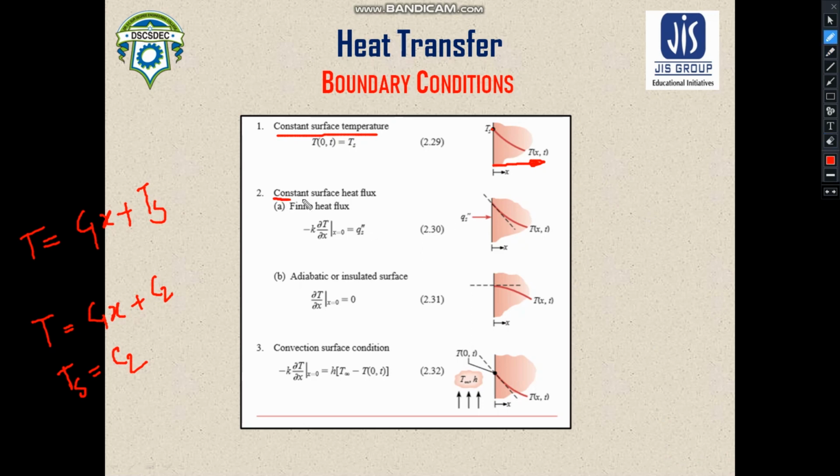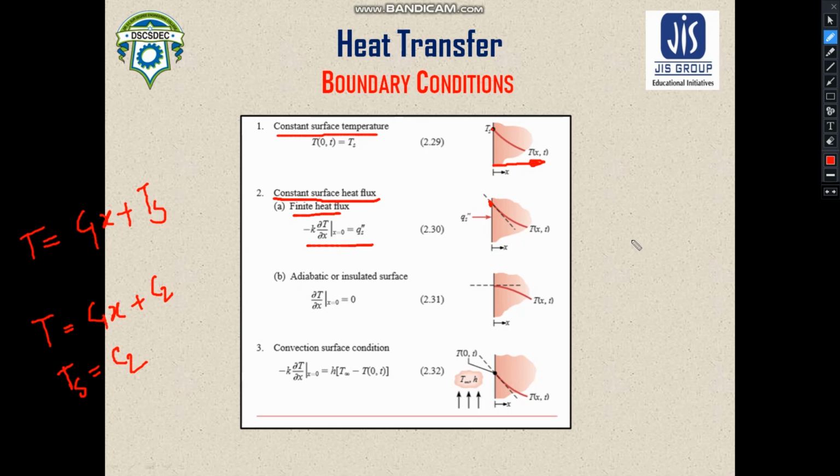And here, this is the constant surface heat flux. When the heat flux is defined to you, and it is constant and finite, you can apply Fourier's law at x equal to 0. So at x equal to 0, the heat flux will be equal to qs double prime.